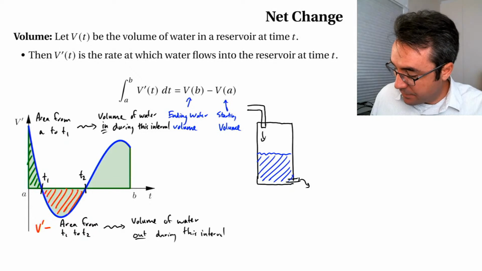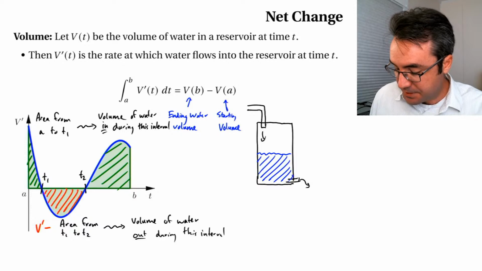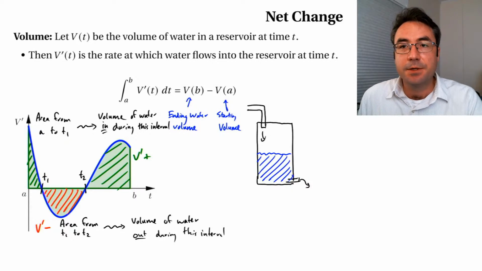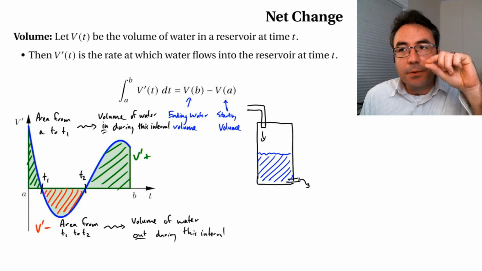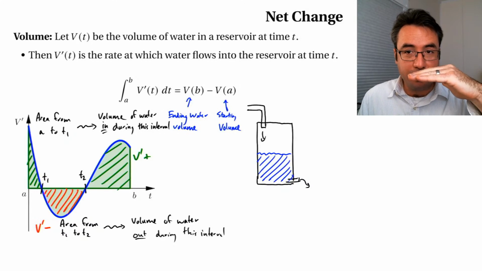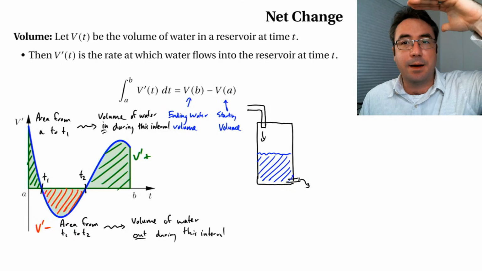And so finally, we have one more region. This one sits above the horizontal axis. And so here, V prime is positive. So what's happening? Well, water's flowing in, water's flowing out, but the net effect here, if V prime is positive, is that our volume is going up. So our water level goes back up.